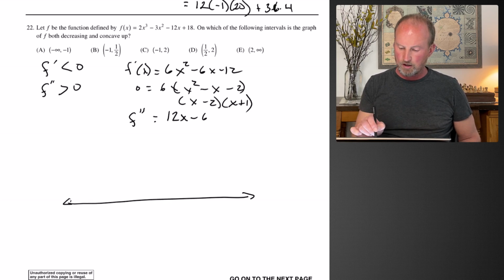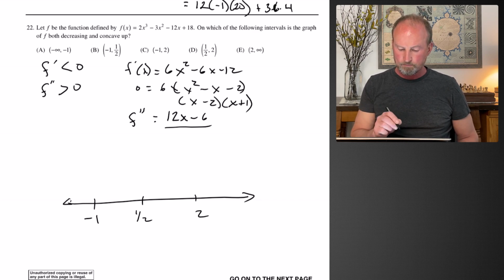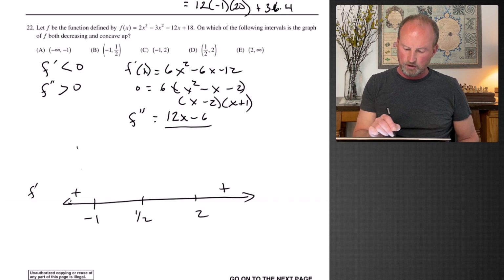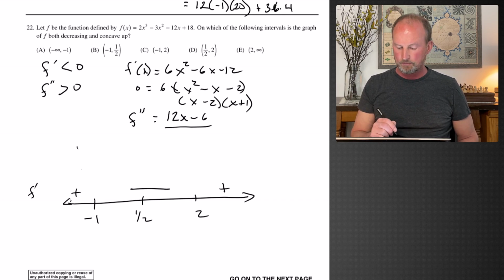Jump down here on number line just to help me organize my information. This is going to be 0 when x equals 1/2, and then I have a 2 out here. So f prime, remember this is my parabola thing cruising through here, right? So it's positive over here, it's positive over here, and it's negative here.